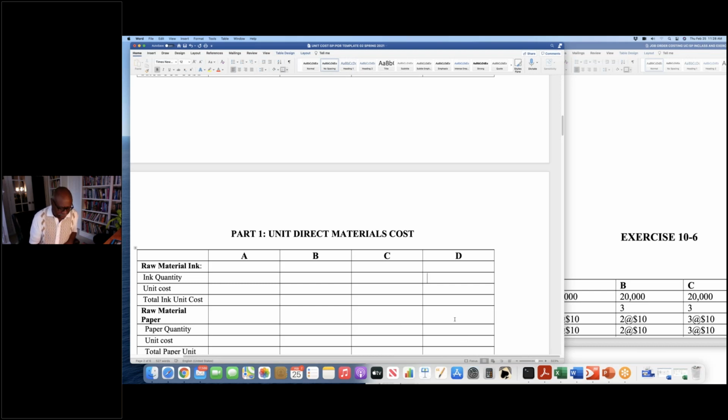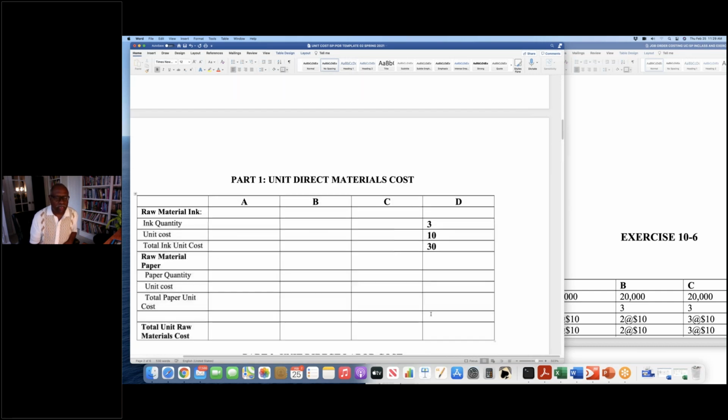What's the quantity of ink? How many ink cartridges are we using? Using 3 ink cartridges. What's the unit cost? 10. So the total cost is what? 30.